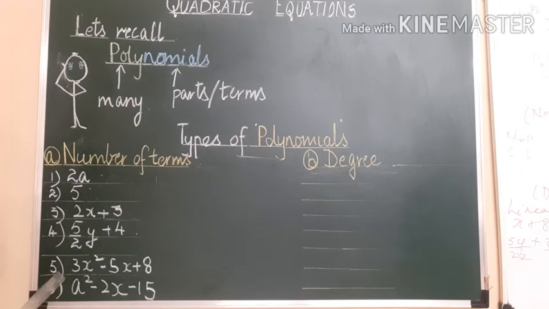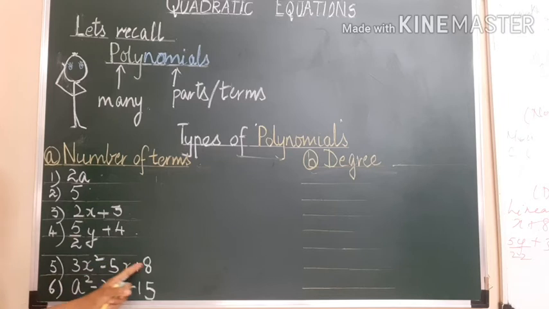Let's move on further, children. See the next, fifth example, 3x squared minus 5x plus 8. How many terms do we have in this algebraic expression? We have three terms. Let's see which ones. 3x squared is the first term, 5x the second term, 8 the third term.